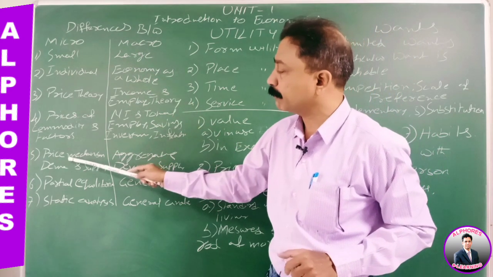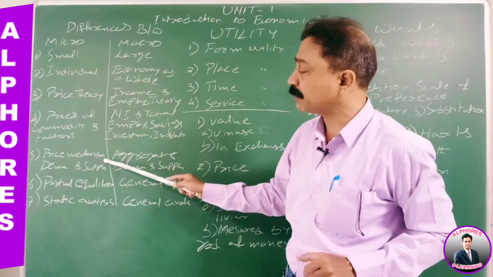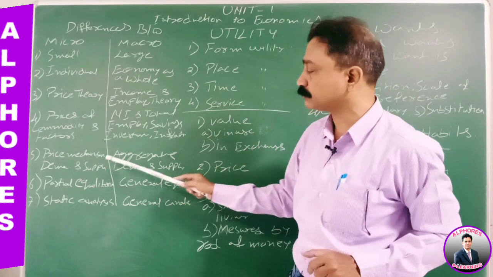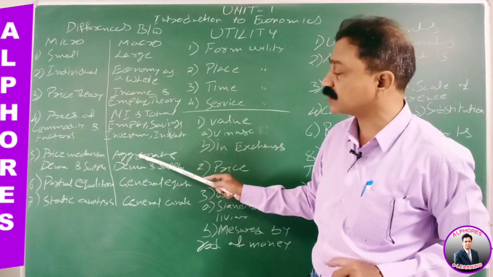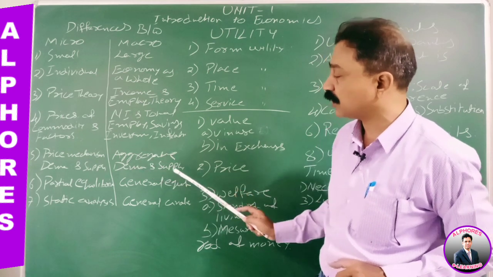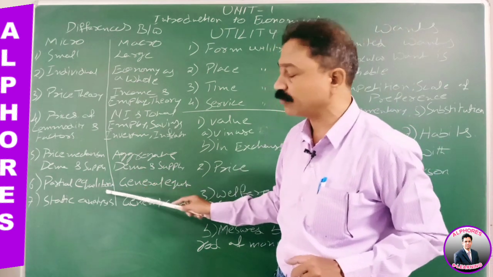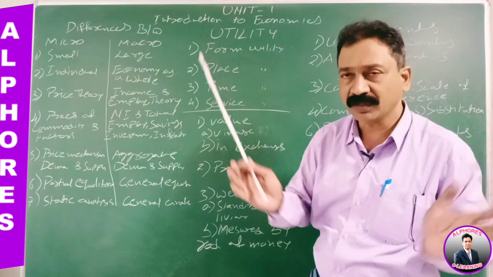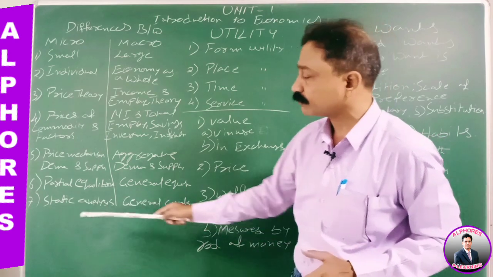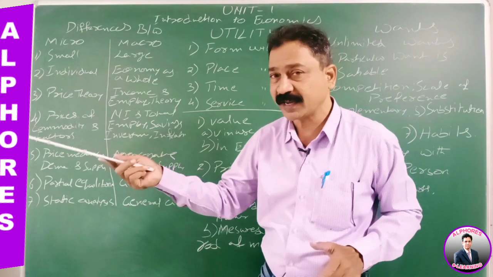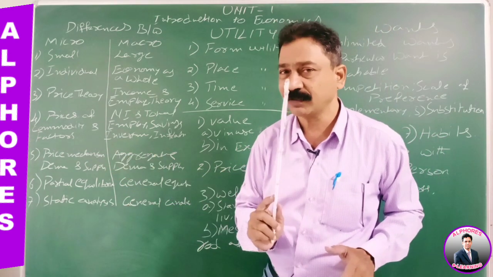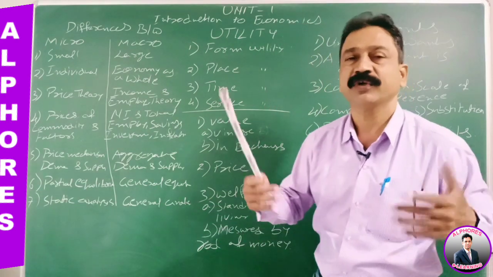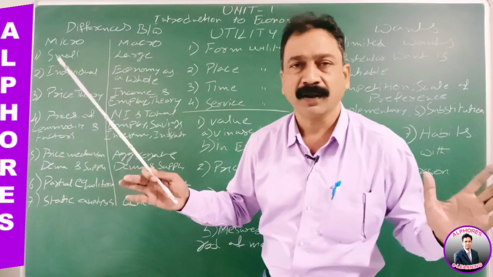Next, microeconomics, price mechanism related with demand and supply. Macroeconomics discusses aggregate demands and supplies. Microeconomics is partial equilibrium, one thing at a time, and macroeconomics is general equilibrium, all things calculated at a time. Micro is static, all other things remaining constant, only one thing discussed. Macro is general or dynamic analysis, discussing everything at a time.